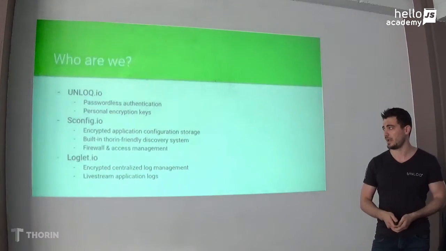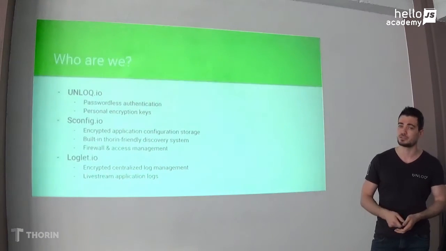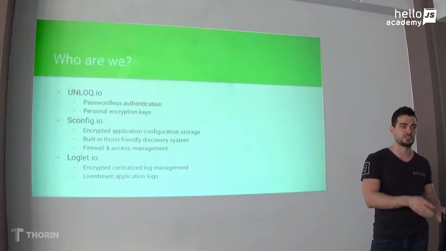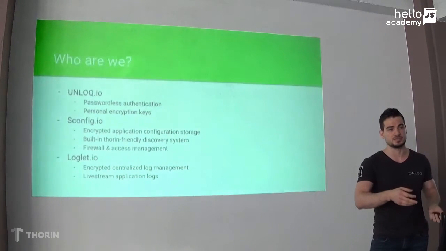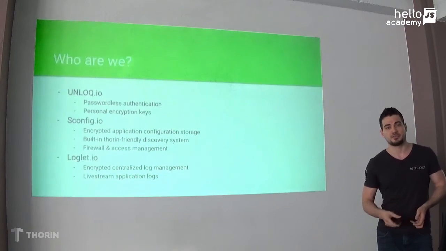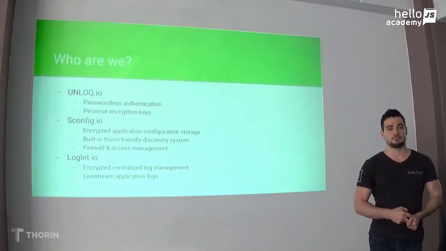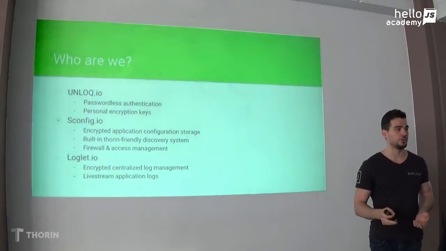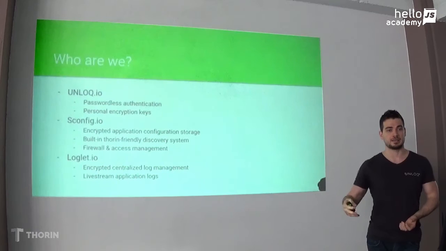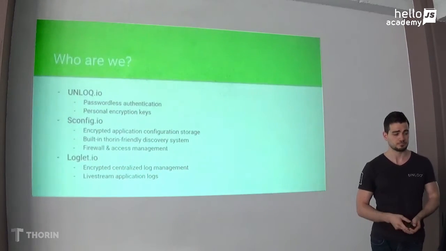And of course, it has built-in firewall and access management support so that you know all the time that only your servers, based on your IPs, can access the configuration file, so even if at some point your sconfig access token is leaked, the data is still not vulnerable.